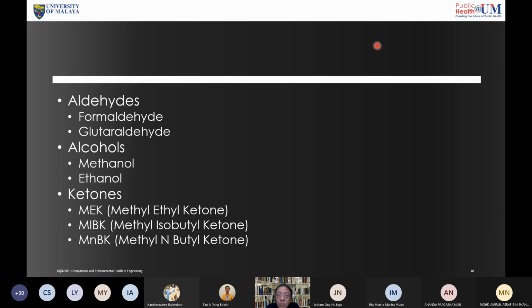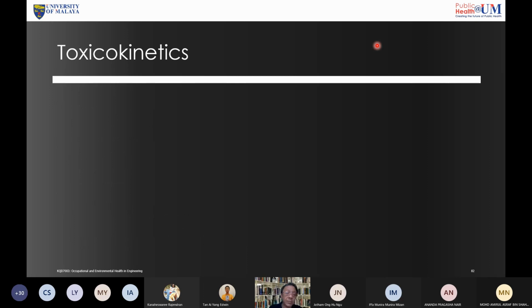Glutaraldehyde is used in what we call cold disinfection, to disinfect equipment used in colonoscopy or gastroscopy, so to disinfect scopes. Then alcohols, methanol, ethanol, and ketones like methyl ethyl ketone, methyl isobutyl ketone, and also methyl n-butyl ketone. So these are some of the chemicals available.